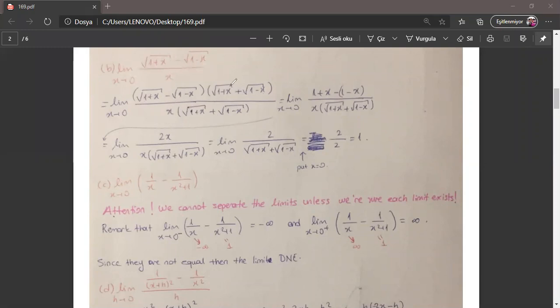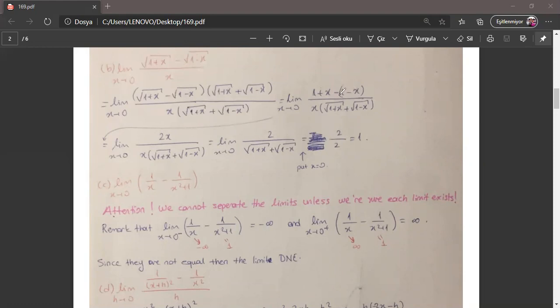So here we multiply it by this, it's the conjugate. But we need to divide by it too, because we need to obtain the same thing. We cannot change anything here, so we both multiply and divide by this conjugate, okay?